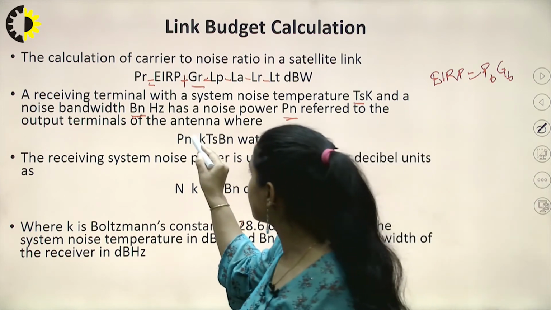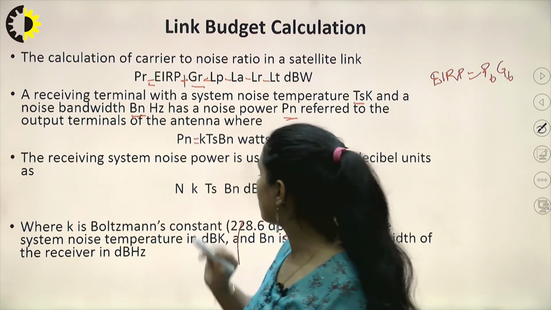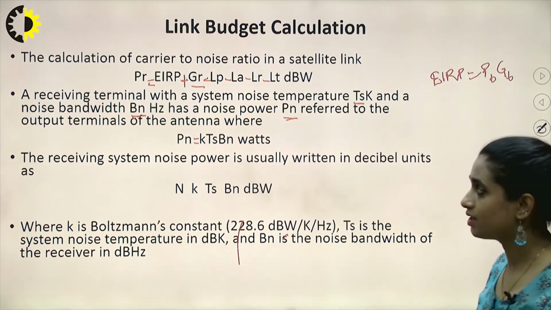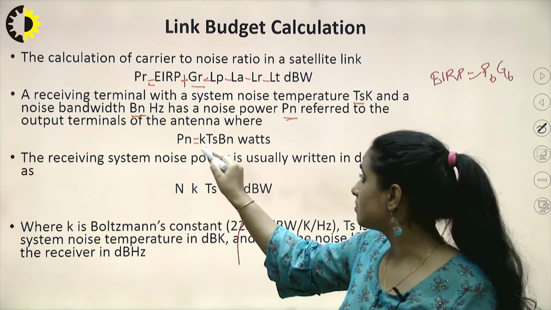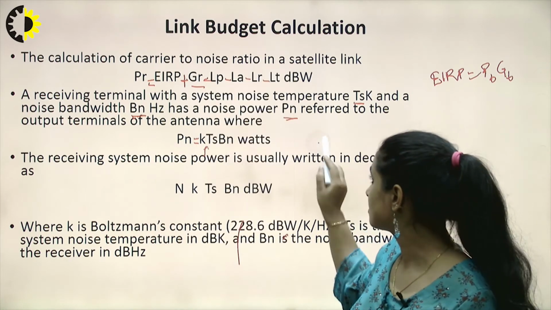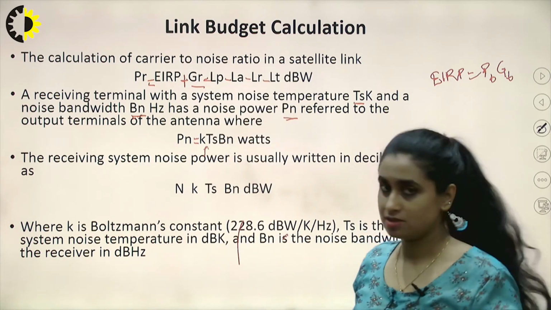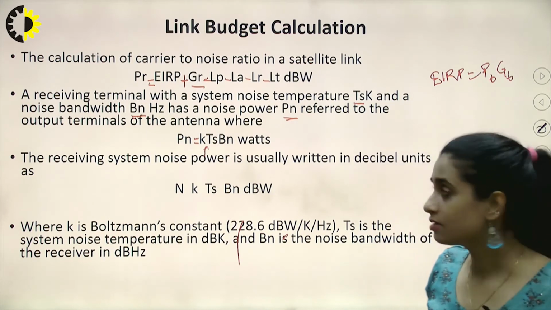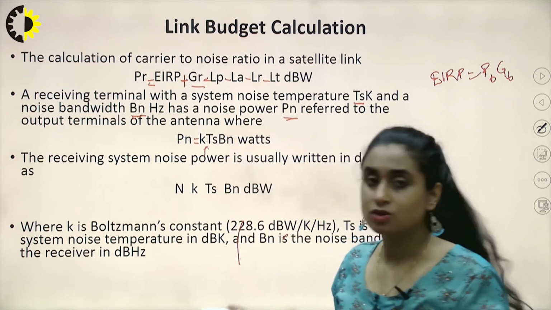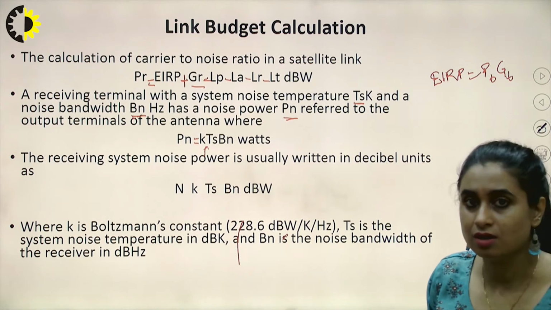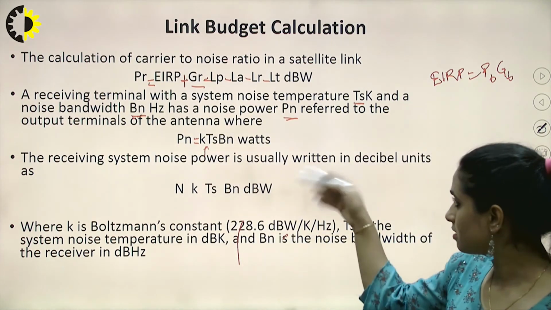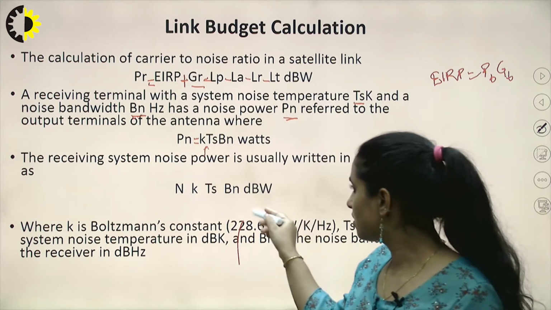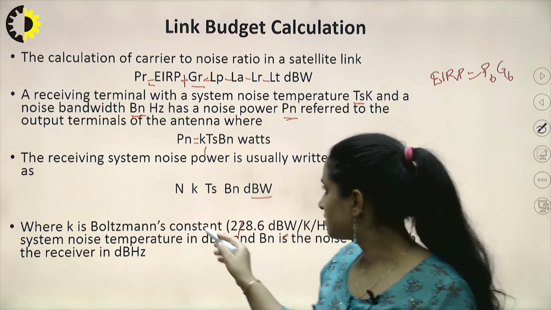Here the noise power will be given as, we all are aware of this expression, Pn equals k Ts Bn. Here k is the Boltzmann constant, Ts is my system temperature which is in Kelvin, Bn is my noise bandwidth which is in Hertz, and this calculation is in watt, although we can do it in decibel watt, right?